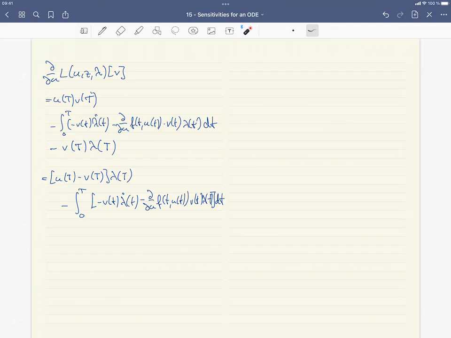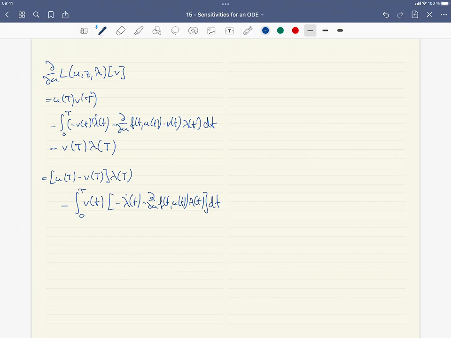So let me also take in the second term. Let me take out the v. So in the integral, there's a v here and there's a v here. So let me rewrite this one, and then I can argue. So this is actually a v of t, and then I have minus lambda dot of t minus d over du f of t, u of t times lambda of t, brackets closed.